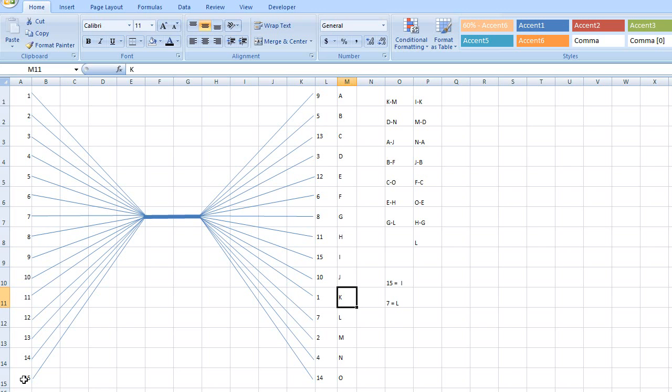So we know that K is now paired with I. So when you find out, automatically 15 will be found to be paired with 1. So we will know that 1 will be equal to K.